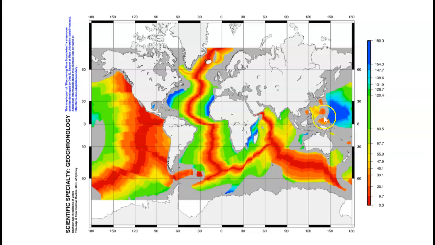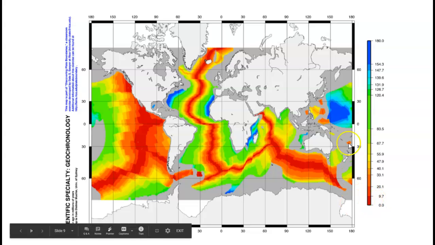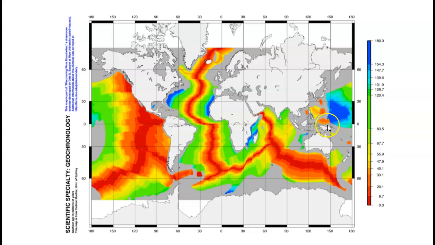And then immediately right after that, we have some pretty new seafloor. We have orange, and there's a little strip of red right there, and then it goes into yellow. But it was interesting to see that there was no progression of age like we saw in the Atlantic Ocean. We saw it progress outward and become older. Here it's really old, and then it's really pretty young, and that was surprising.